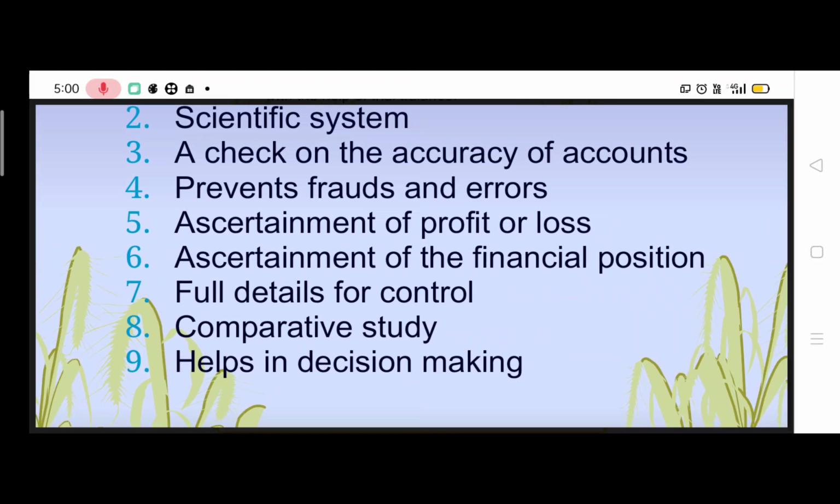In case we are not doing well, what is the reason, and what is the reason that the previous year's profits were good. This accounting work can be used for comparison with our previous year's performances. Then it also helps in decision making for the management, the top level executives, because sufficient information is recorded because of the double entry system.